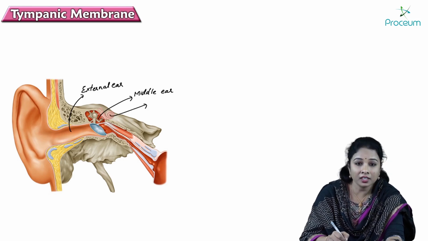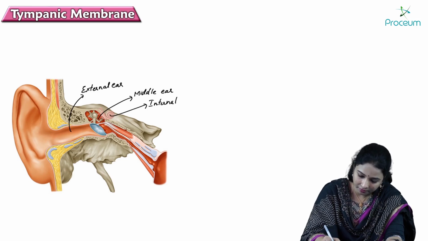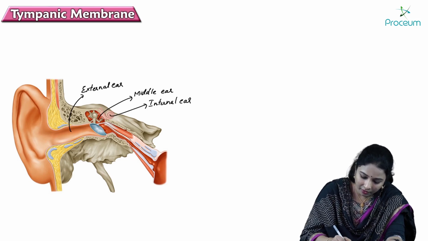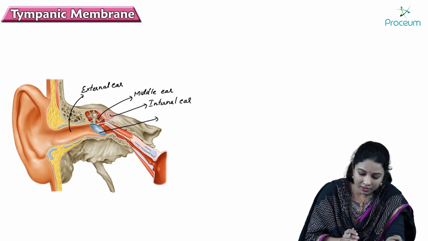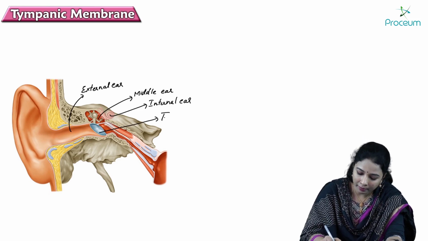And the semicircular canals with the vestibule form the internal ear. So the membrane, what you can appreciate here, which separates the external ear from the middle ear, is the tympanic membrane.